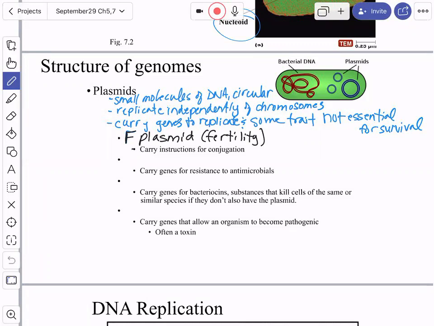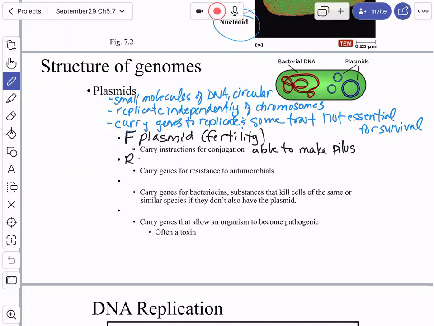And we haven't talked specifically about conjugation. We will get to that. It's a kind of horizontal gene transfer. But we have talked about organisms that can do conjugation, have a particular structure called the pilus. Okay, so we'll say they are able to make or form a conjugation pilus. And we have talked about that.